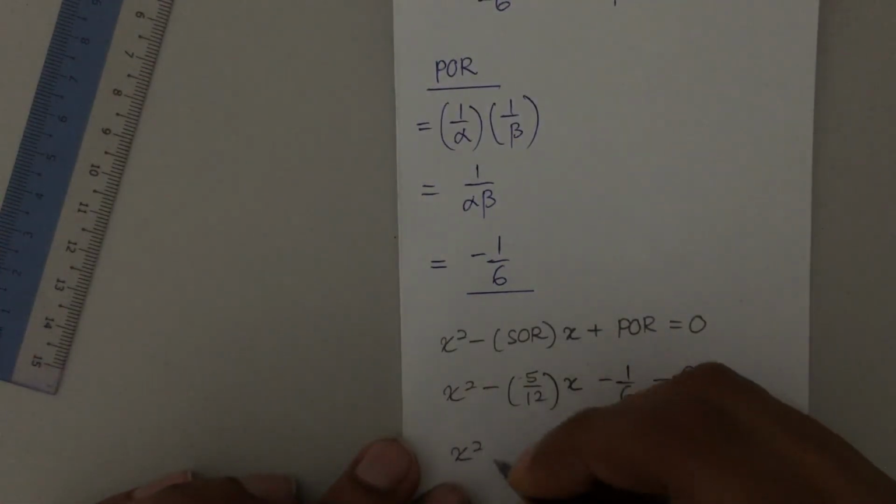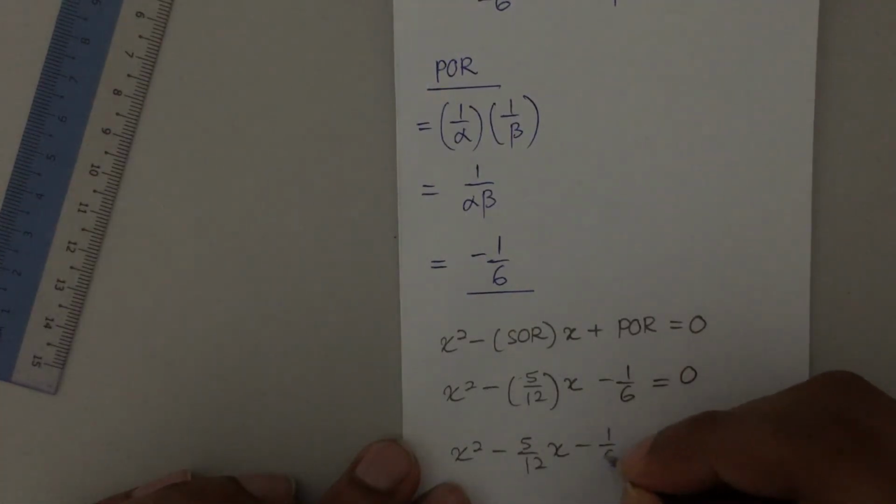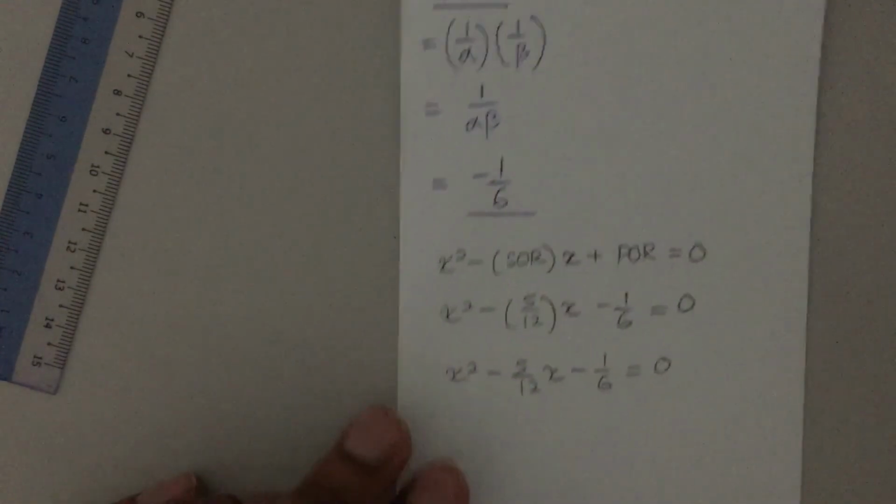So from here, x squared minus 5 over 12 x minus 1 over 6 is equal to 0.